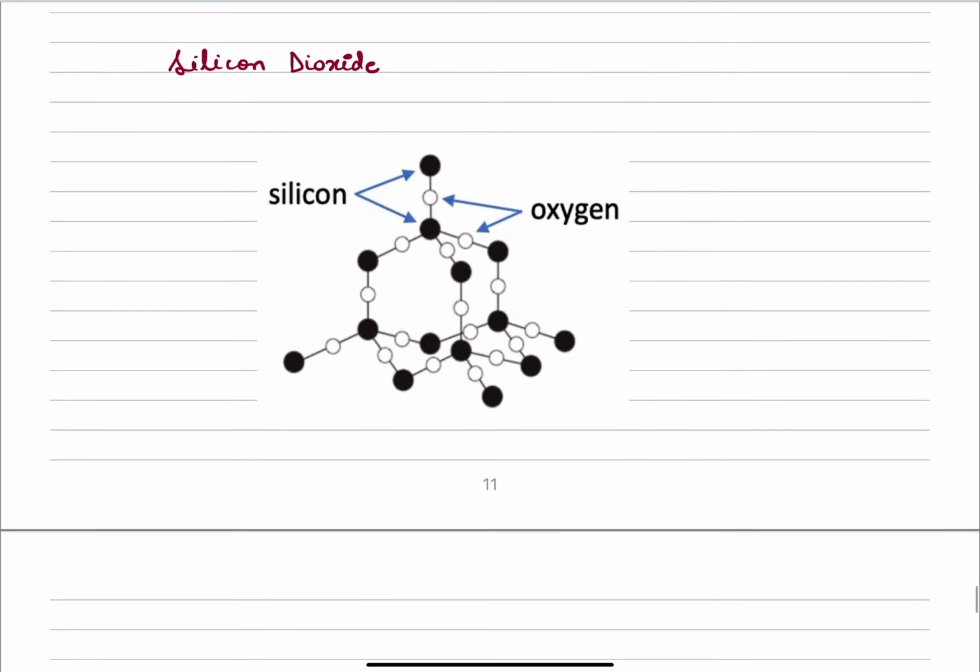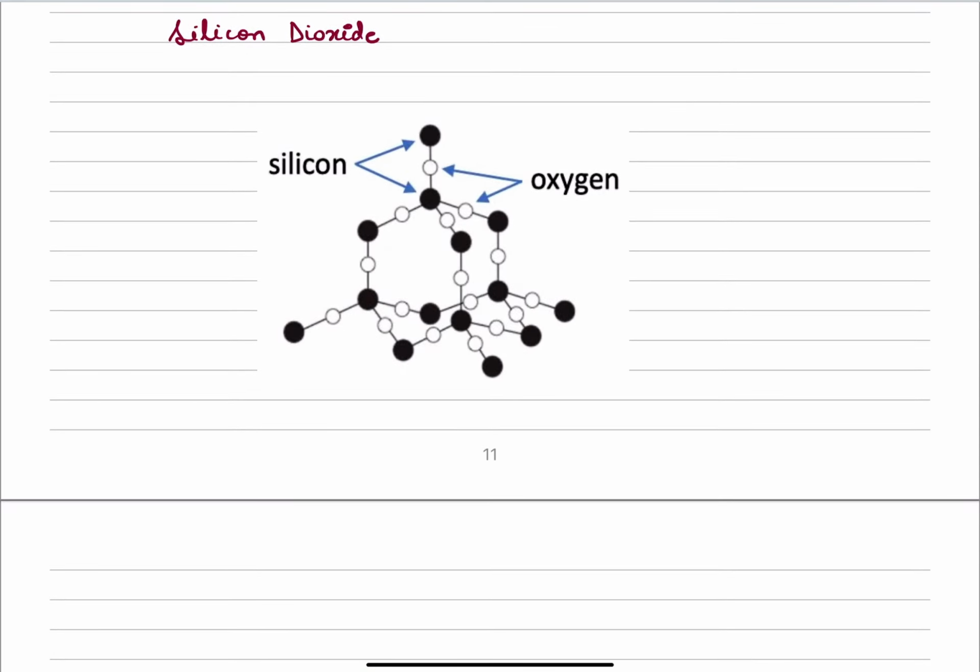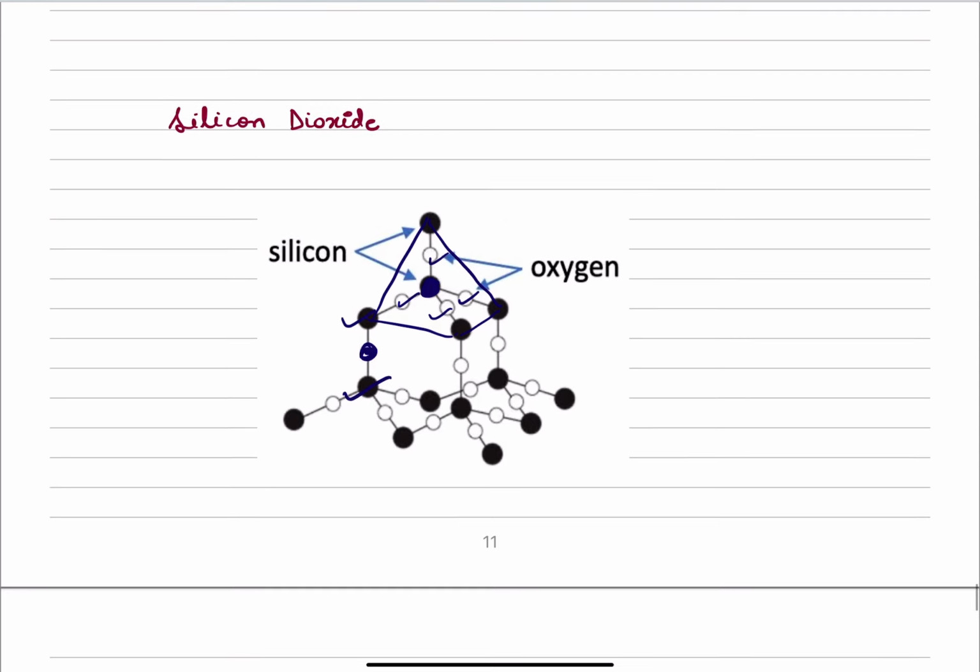Let's look at silicon dioxide. Silicon dioxide also has a tetrahedral arrangement, like that. You can see over here, it's a tetrahedron in this case. In silicon dioxide, the black dots are silicon and the white dots are oxygen. Each silicon atom is covalently bonded to 4 oxygen atoms, and each oxygen atom is covalently bonded to 2 silicon atoms.